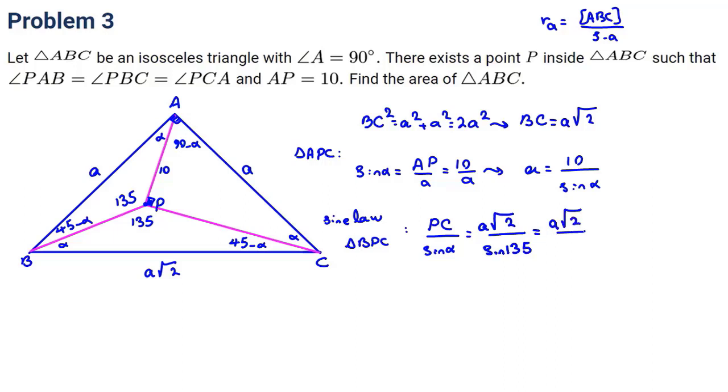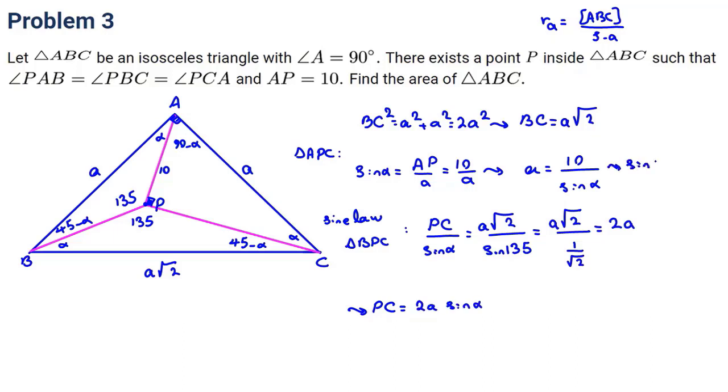It will be A root 2 over root 2 over 2, or you can write it as 1 over root 2. Then if you multiply both numerator and denominator by root 2, it will be 2A. So we conclude PC, if we cross multiply, equals 2A sine alpha.